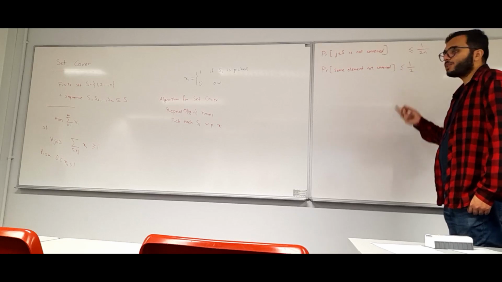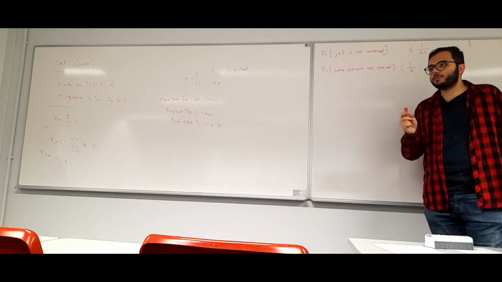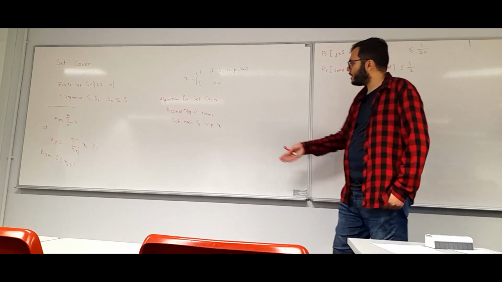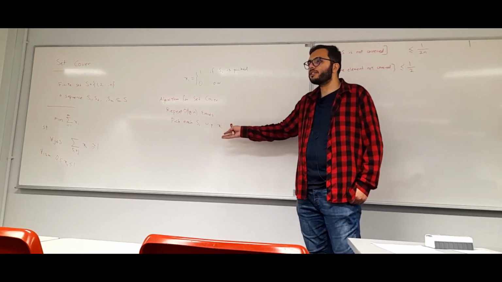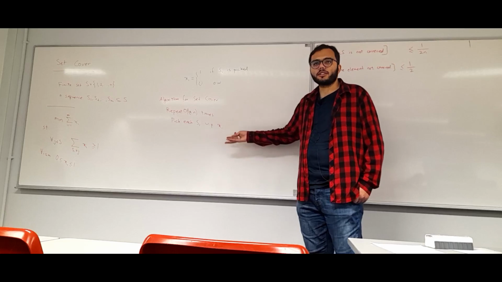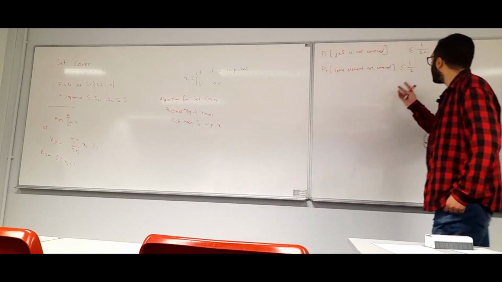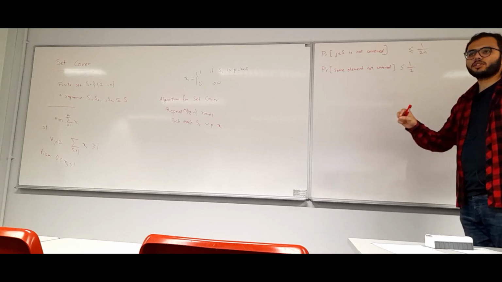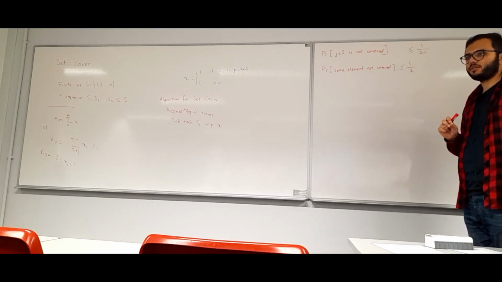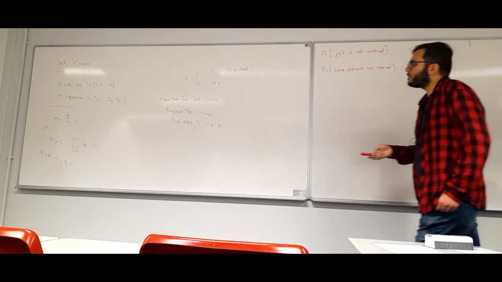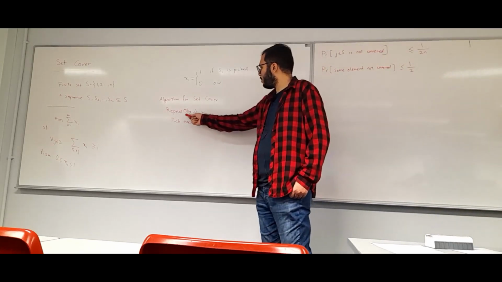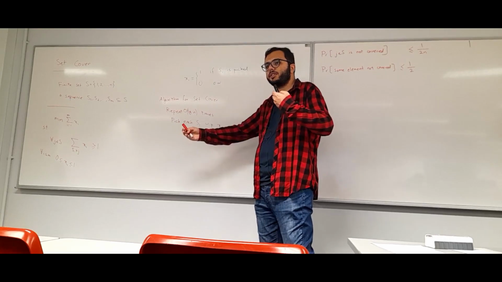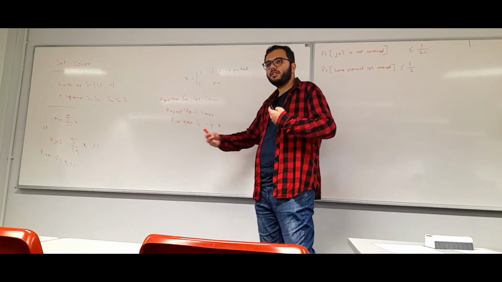Now I can make this probability again as small as I want. Right? So if I was repeating it here, let's say 5 log n times, I just repeated 10 log n times. And then instead of a half, I can make this probability of failure as small as I want. I can make it as close to 0 as I want. And in any case, I'm going to repeat this whole thing O(log n) times, because these repetitions, I'm just increasing the number of repetitions by a constant factor.